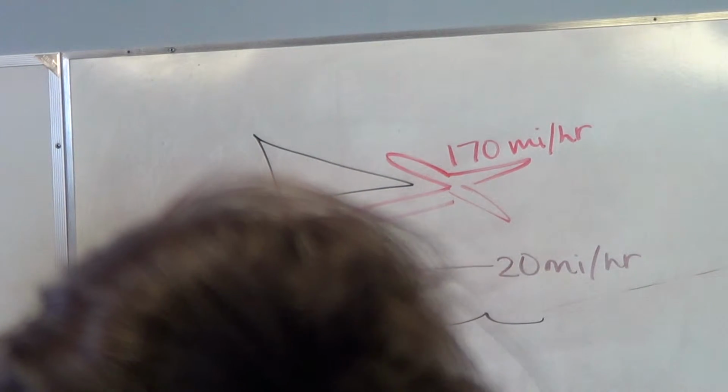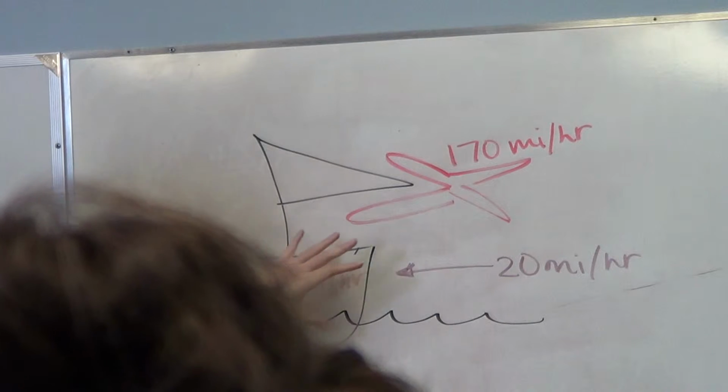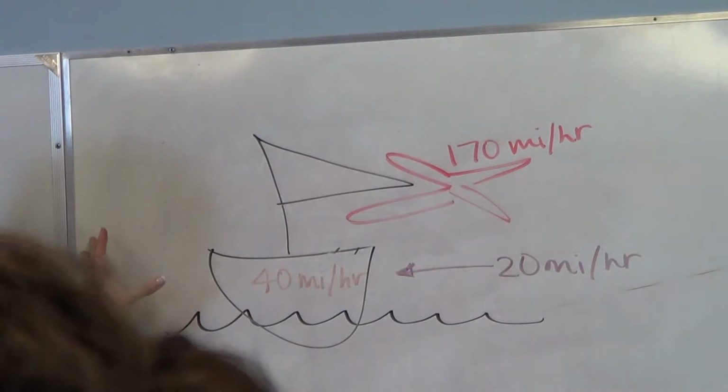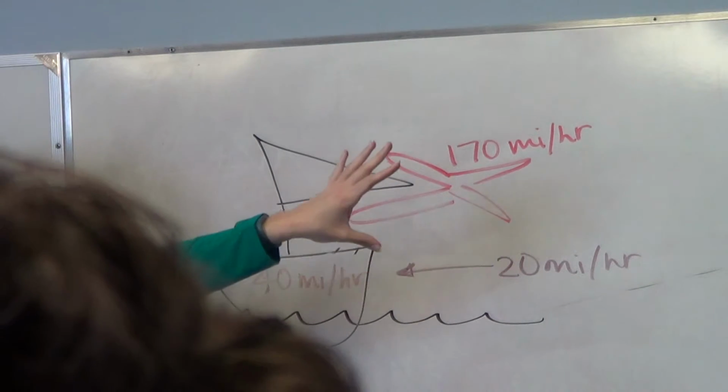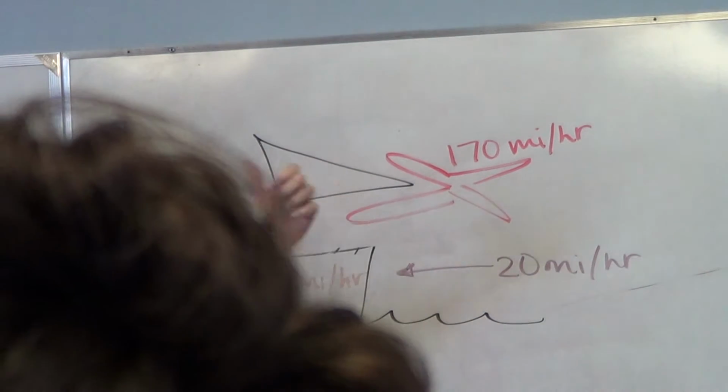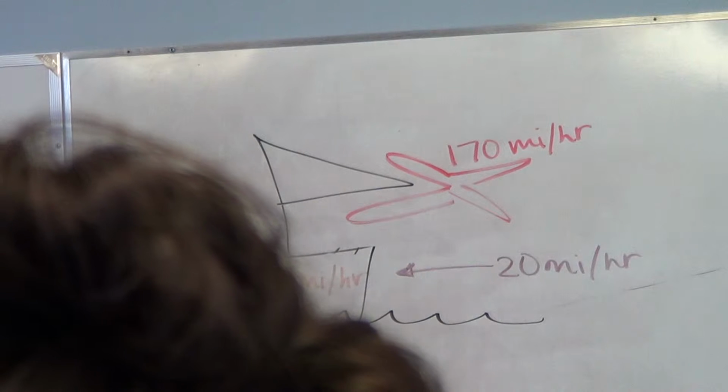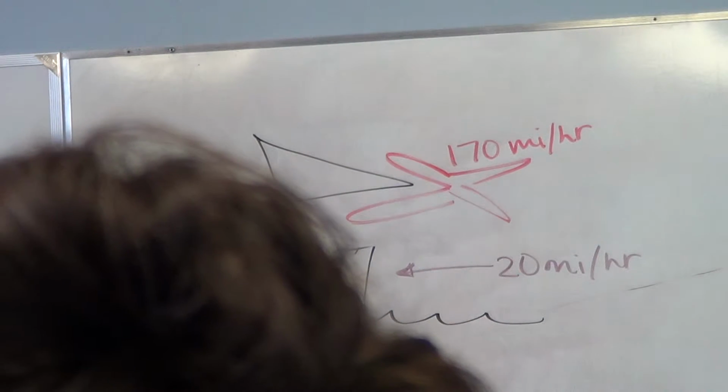So basically it's just a matter of adding and subtracting. If it has to be 170, but the boat is already going 40, then it would only have to go 130 because the boat would be pushing it. But then since the 20 is going against it, then you'd have to add that on, so that'd be 150.